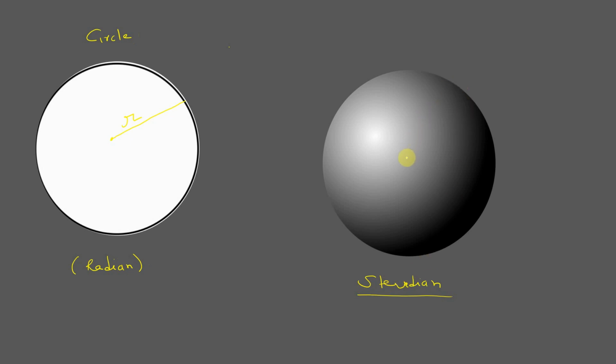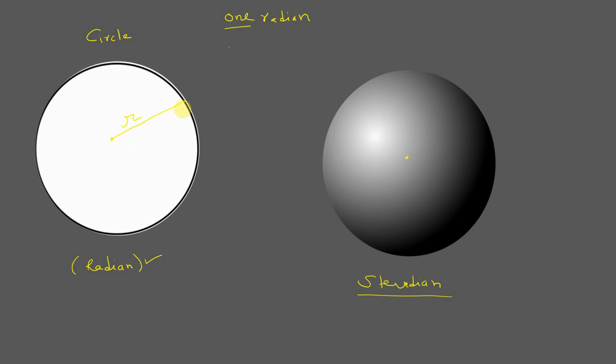So this is again a sphere of radius r, and what is a radian? One radian is defined as the plane angle with the vertex at the center of a circle of radius r, that is subtended by an arc whose length is r.